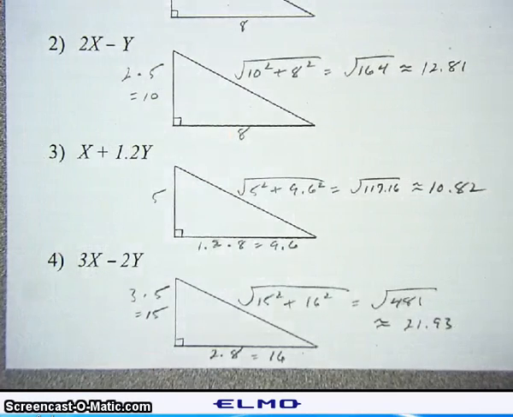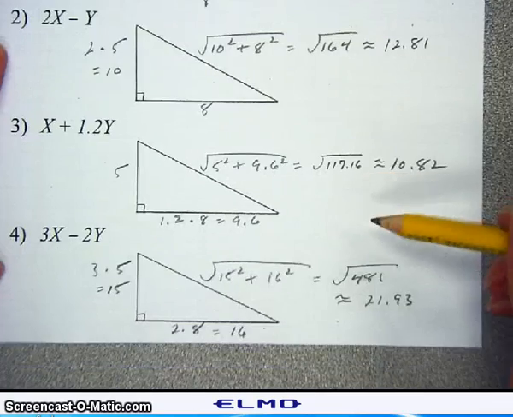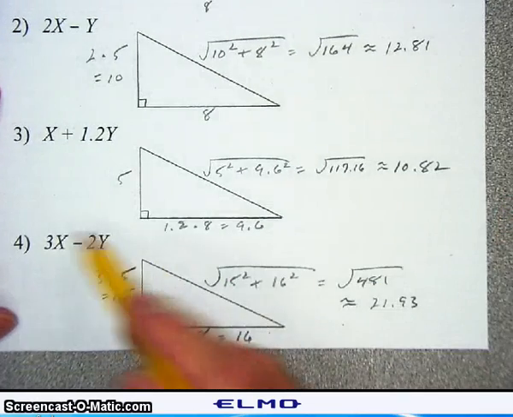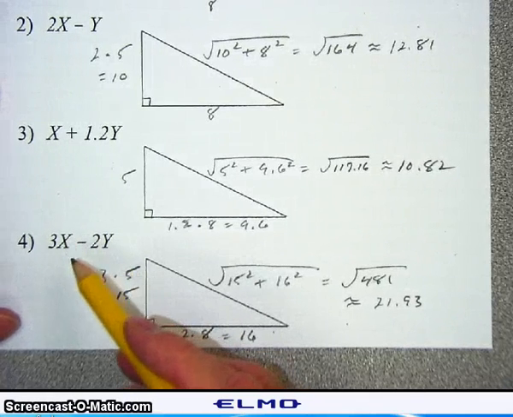So you can use this idea, the analogy between this rule for variances and the Pythagorean theorem, to make your life a little bit easier when you're trying to calculate the standard deviations and variances of linear combinations of random variables.